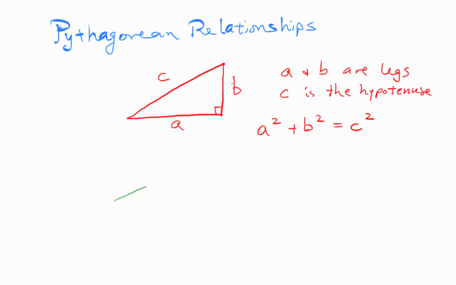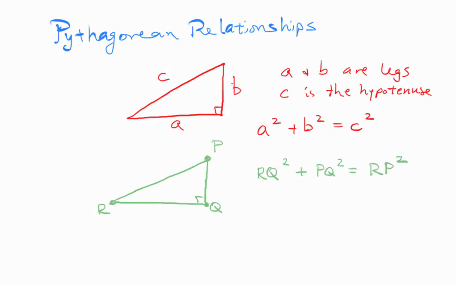If we had a right triangle with some points labeled, so maybe let me just make up some P, Q, and R right there, then I could say that one of the sides RQ squared plus the other leg PQ squared equals the hypotenuse RQ. That's not R, sorry. RP, there we go, squared. So I could write it in those terms as well.